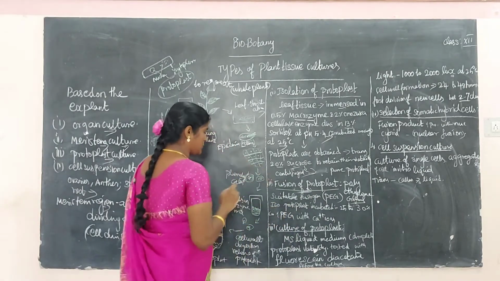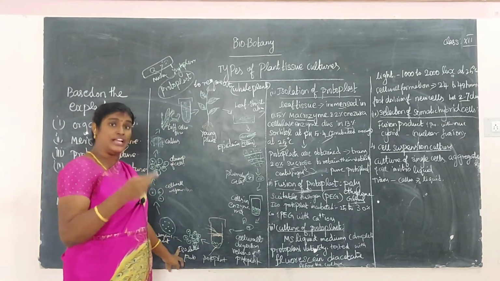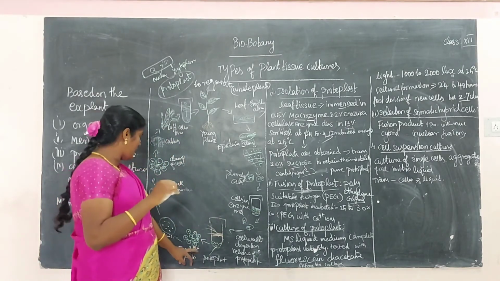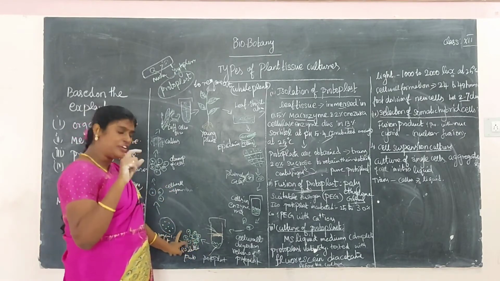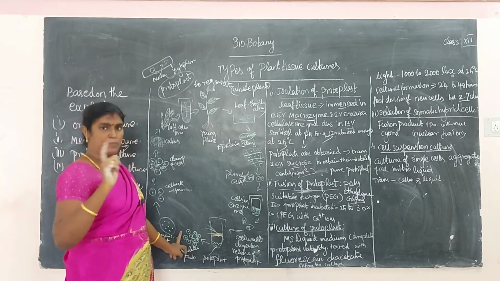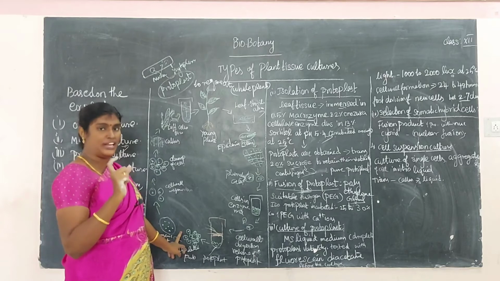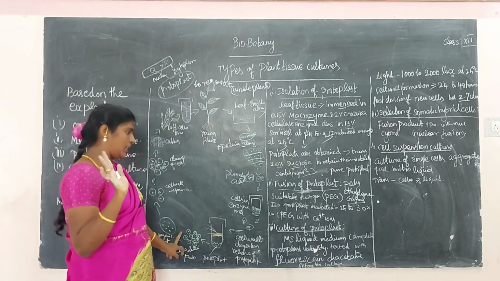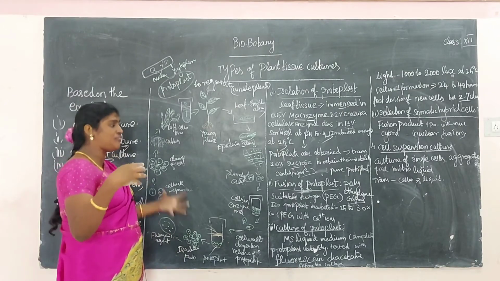Next, the isolated protoplasm goes into an incubation process. The isolated protoplasm is incubated at 25 to 30 degrees Celsius in 35% concentrated polyethylene glycol. Calcium ion is also very important for the fusogenic agent.